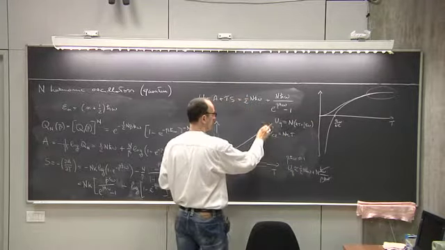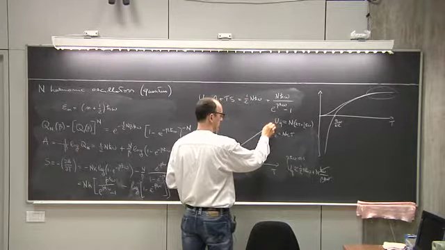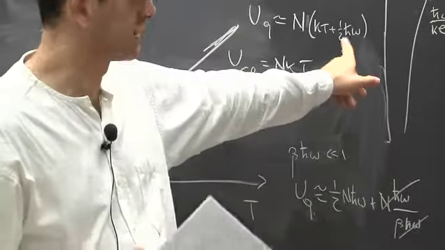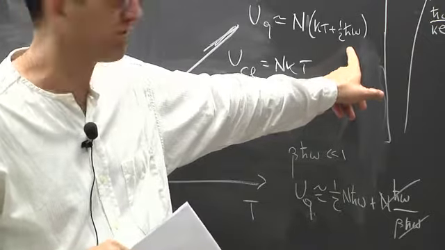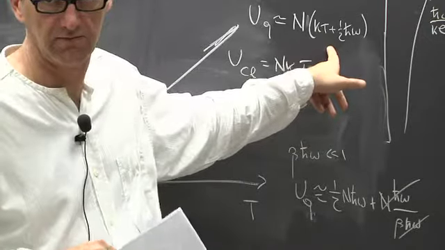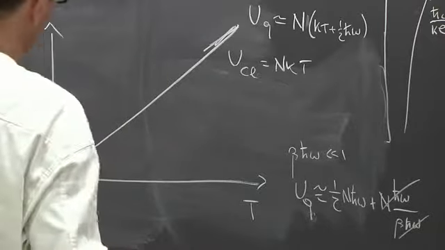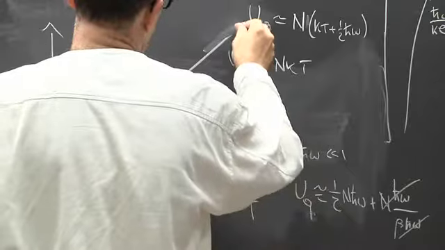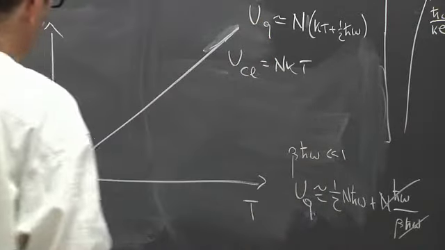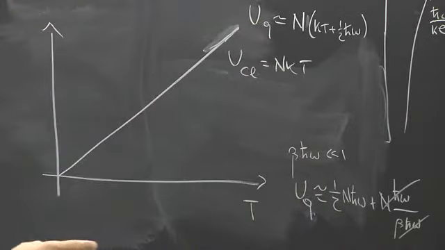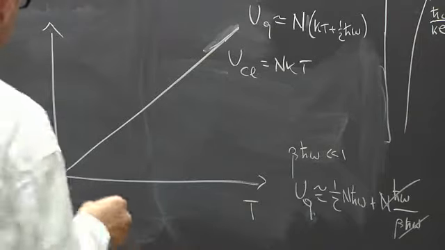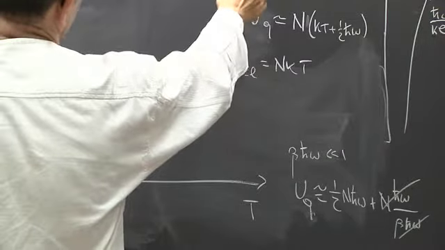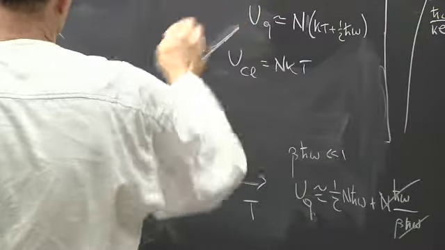Okay, so it will be slightly above, but by an amount which is really negligible with respect to kT. Okay, and so they will essentially coincide for high temperature. But for low temperatures, you see that this goes to 0 exponentially fast, very fast.